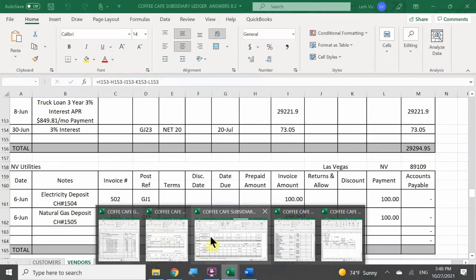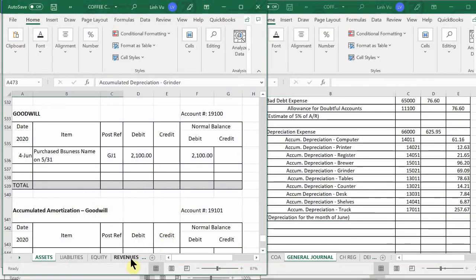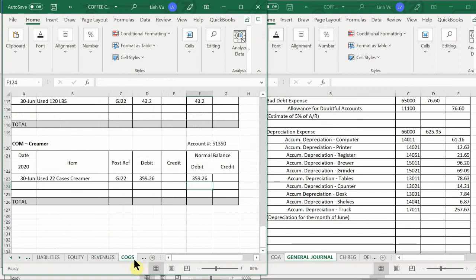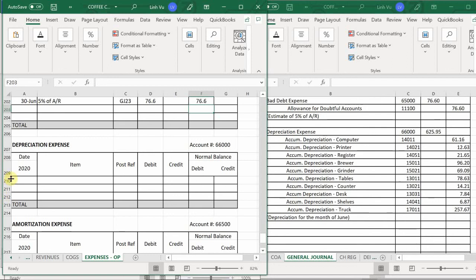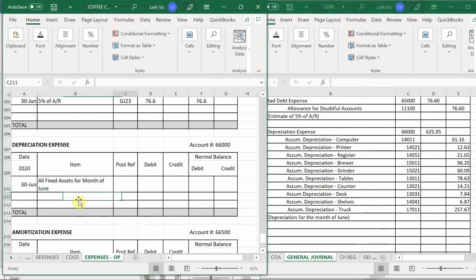Depreciation expenses. It is 66.00. 625.95.